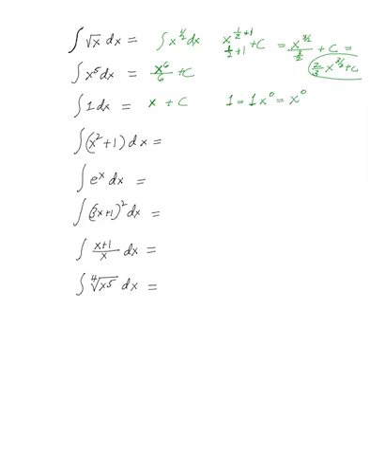The antiderivative of x squared plus 1. Well, in section 5.4, in that table of indefinite integrals, they do tell us that the antiderivative, or indefinite integral, same thing, of a sum is the sum of the antiderivatives.